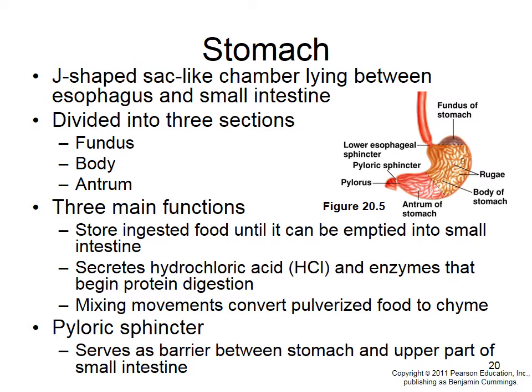Okay, acts like a big butter churner. All that mixing movement, our stomach is super muscular, and we're basically pulverizing food or liquefying it, and then it's called chyme.